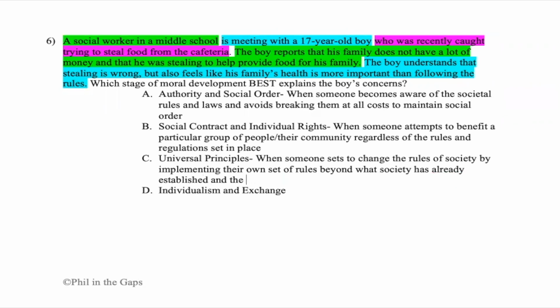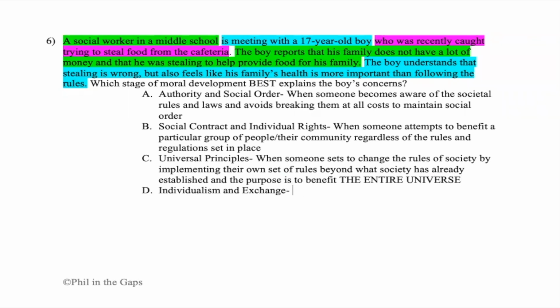And the purpose is to benefit. The biggest difference between universal principles and social contract and individual rights is to benefit the entire universe, the entire universe.